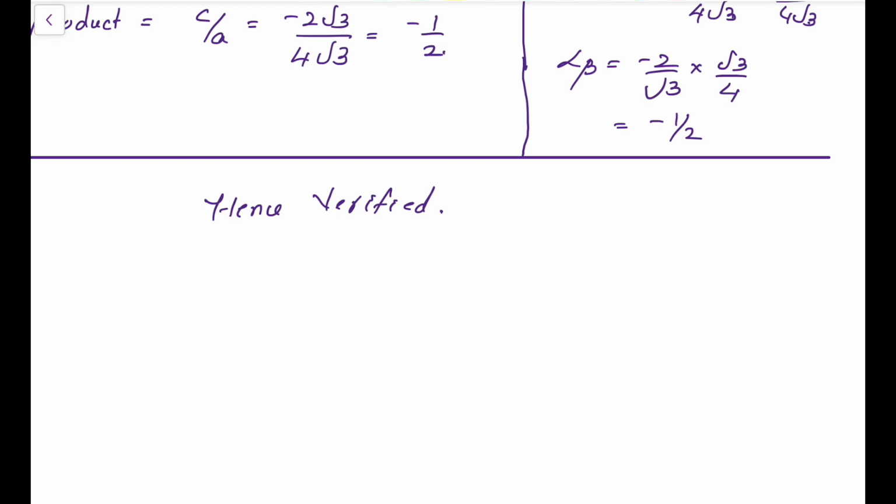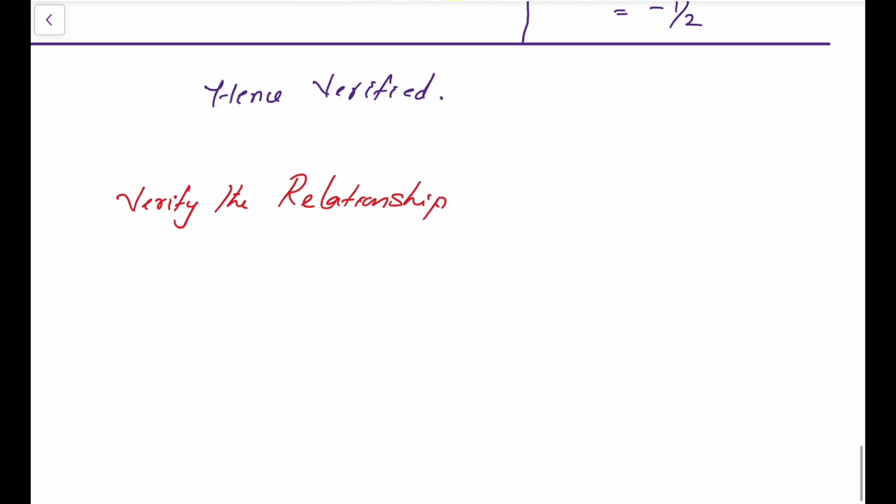We will do one more sum. Find the zeros and verify. The polynomial is x squared plus 1 by 6x minus 2.